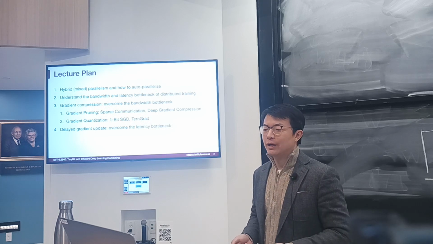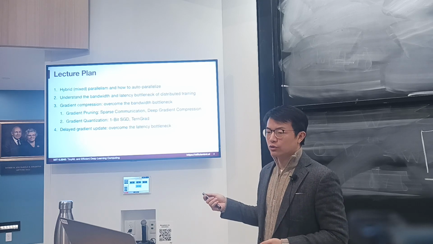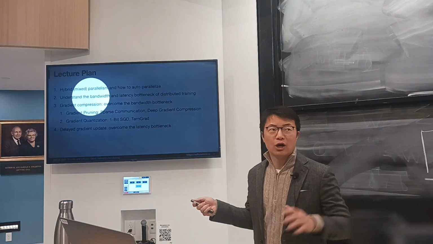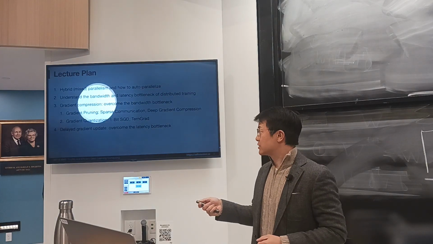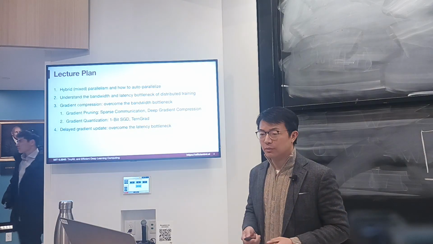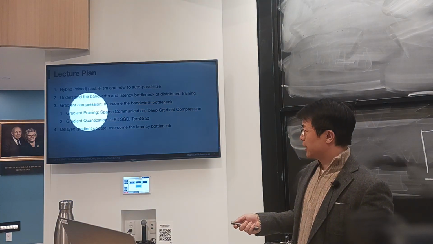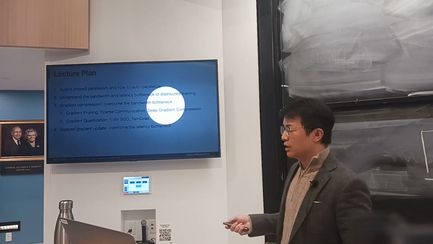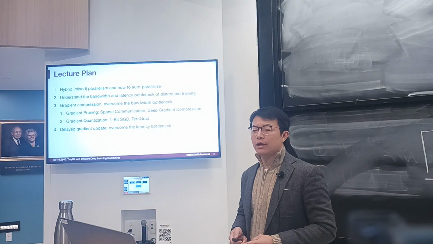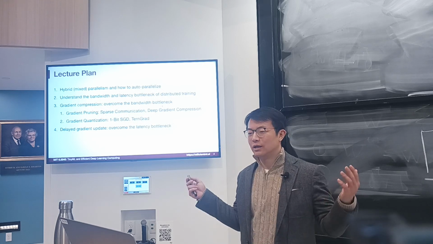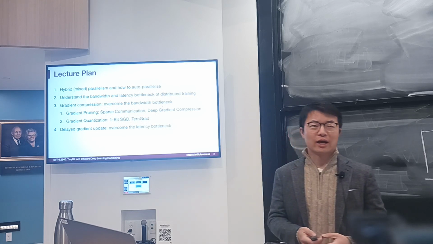And to overcome the bandwidth bottleneck, we're going to talk about gradient compression, how to compress the gradients, including gradient pruning using sparsity and deep gradient compression, where we can compress the gradient by 100 times without losing accuracy.